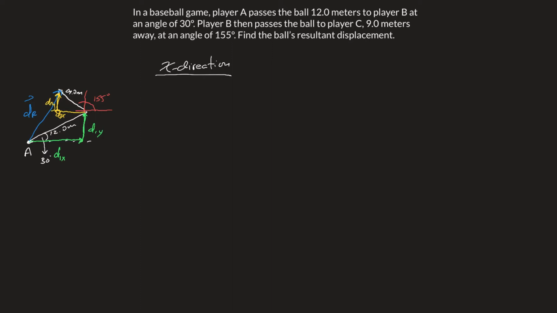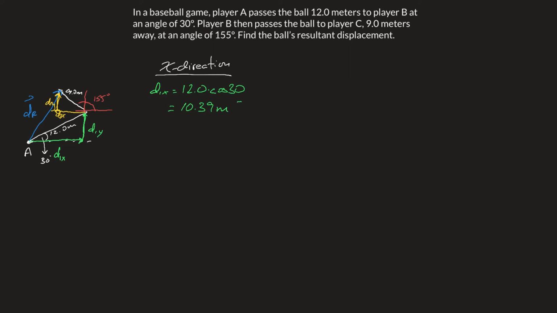So d1x is going to be equal to 12.0, that's the distance the ball was thrown, times the cosine of the angle. That's going to give us 10.39 meters.